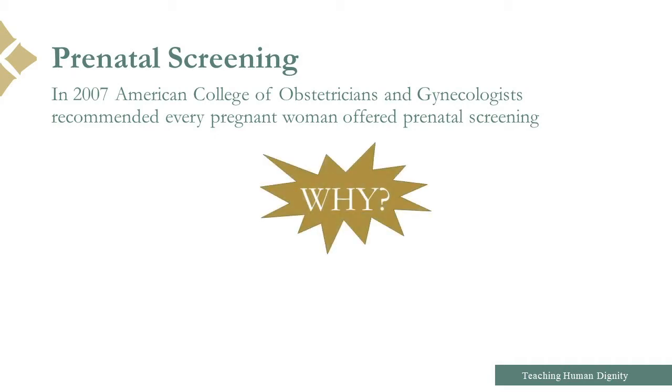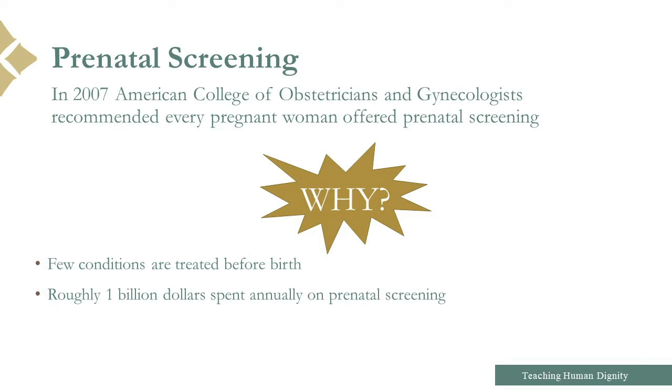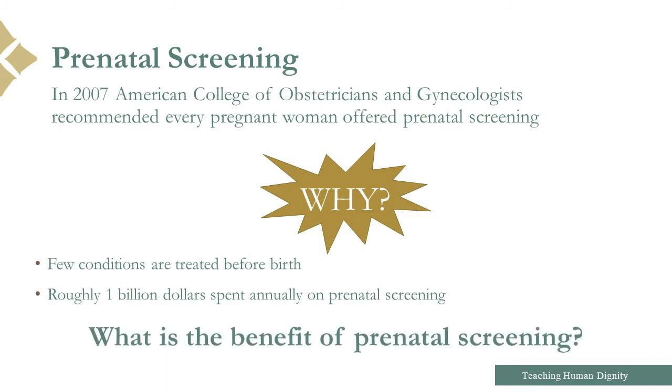And in the absence of any true health benefit, especially for disabilities such as Down syndrome, since currently there are very few conditions that we treat before birth, it seems implausible that we can justify upwards of about $1 billion spent annually on prenatal screening by public and private health insurance unless there's some tangible benefit, right? You need to try to figure out where the benefit lies.